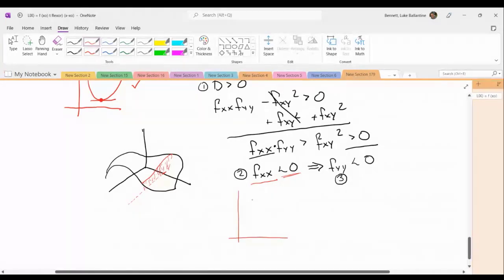So this means that the only way to draw this red curve would be like this.